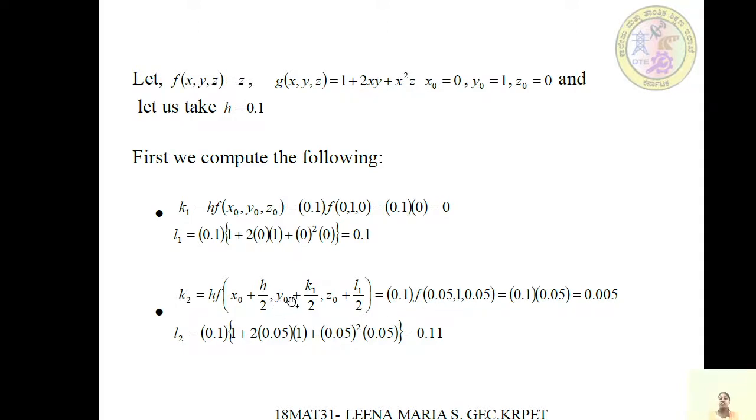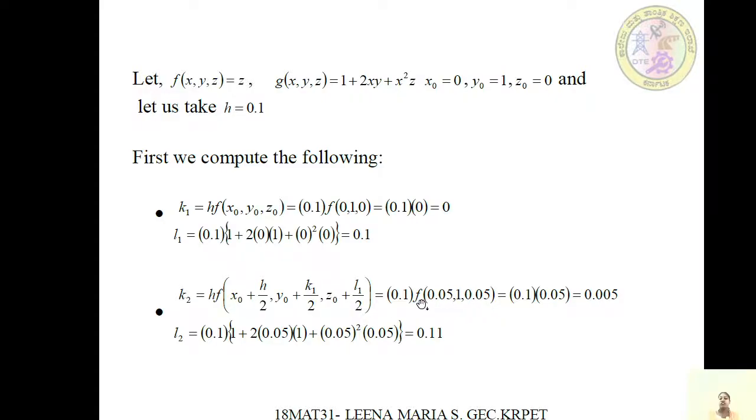Again y naught is 1 plus k1 by 2. From the previous part, k1 is 0, so 0 by 2 is 0 plus 1, which is 1, comma. z naught plus l1 by 2: z naught is 0 plus 0.1 by 2, which is 0.05, so I'll get 0.05.